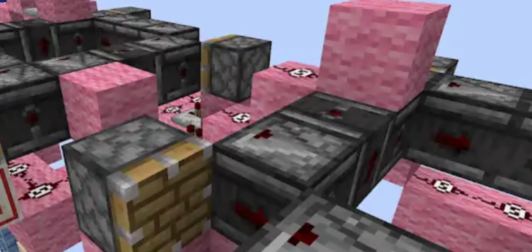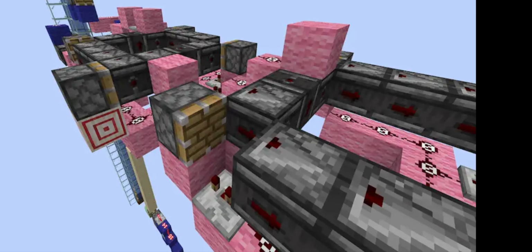There is nothing in the bubble column, which means it is currently deactivated, and I can assume that it's unpowered here, which means it must be powered somewhere else along the line.